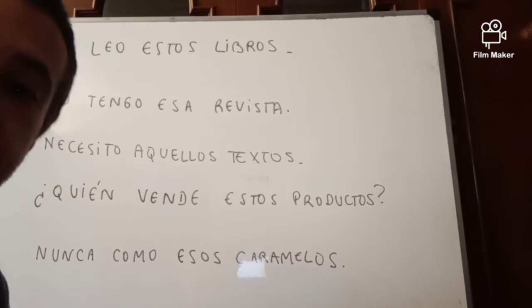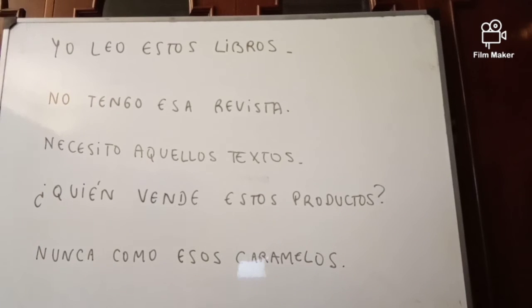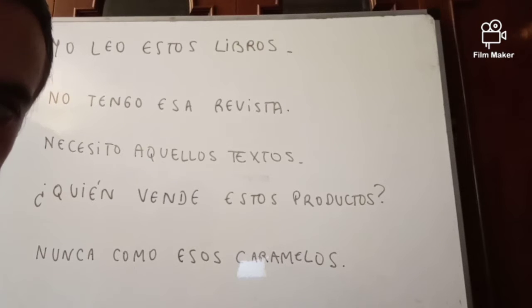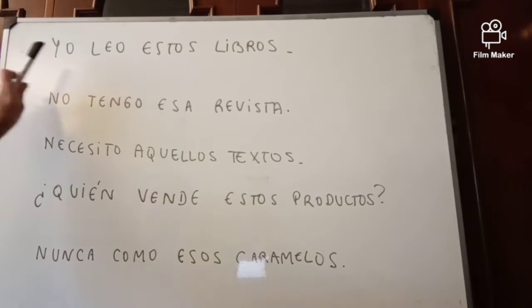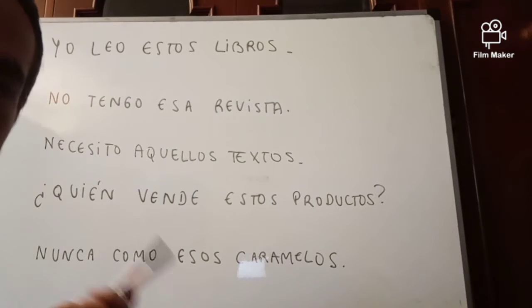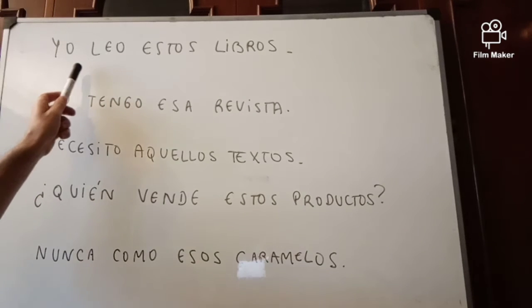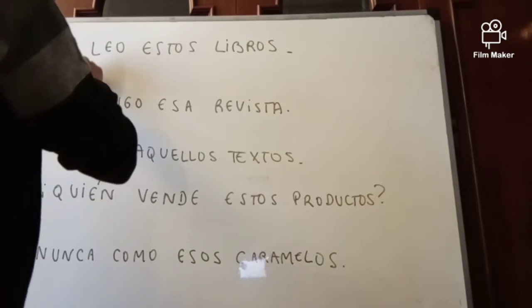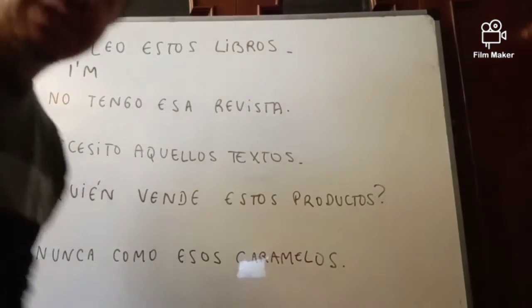So let's see these examples, and I'm going to read them, and I want you to try to translate them into English. They are not that difficult. Yo leo estos libros. What do you think this is? I'm reading these books. It can be both.